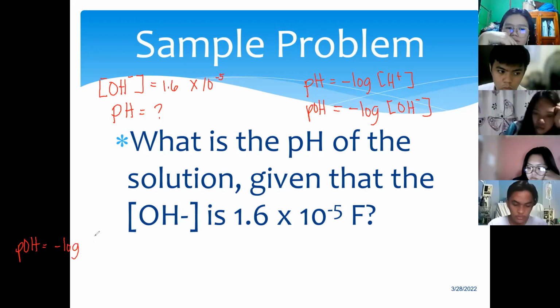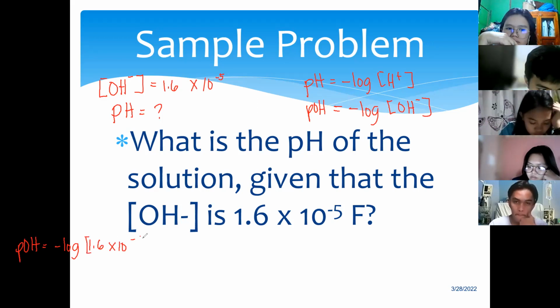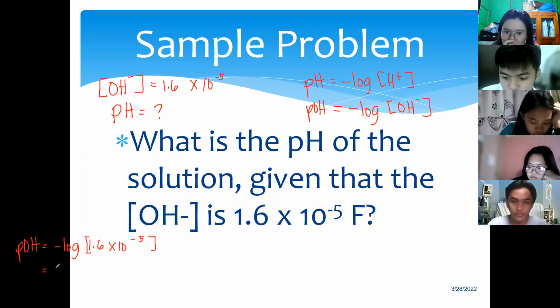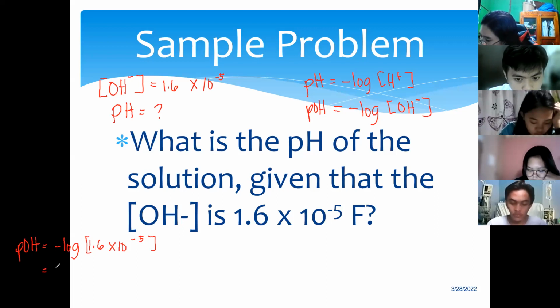Negative log of the hydroxide ion concentration is 1.6 times 10 raised to the power of negative 5. So yan yung gagawin nyo ha. Pag OH ang given, tapos pH ang hinahanap, compute first for the POH. So this is negative log of 1.6 times 10 raised to the power of negative 5.